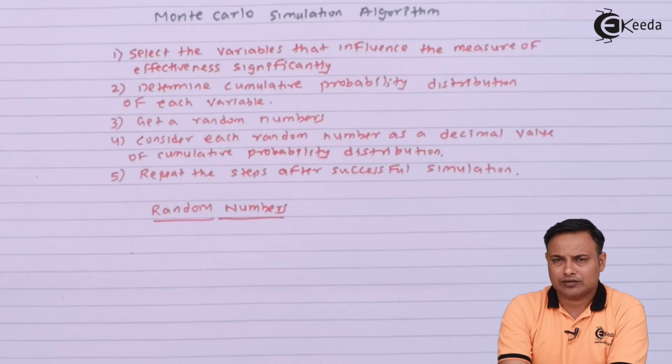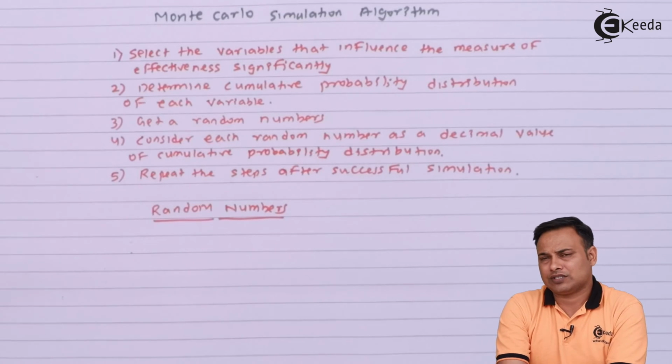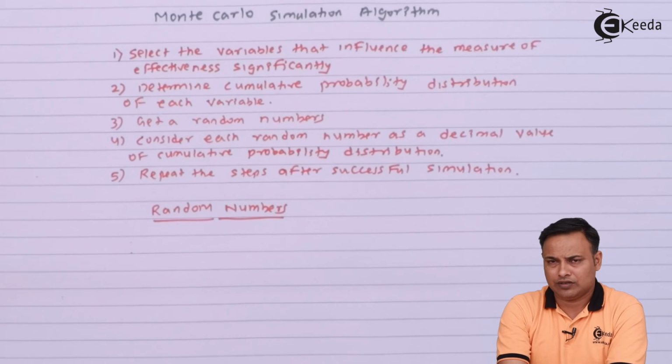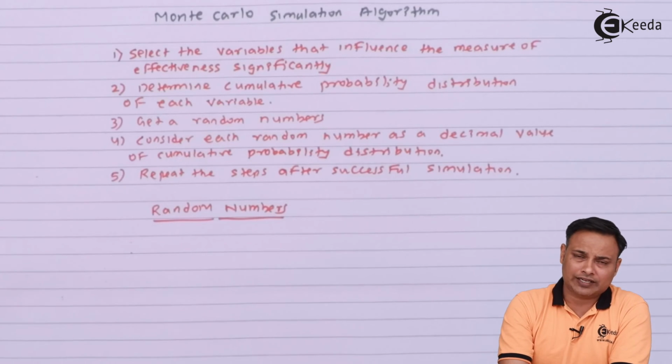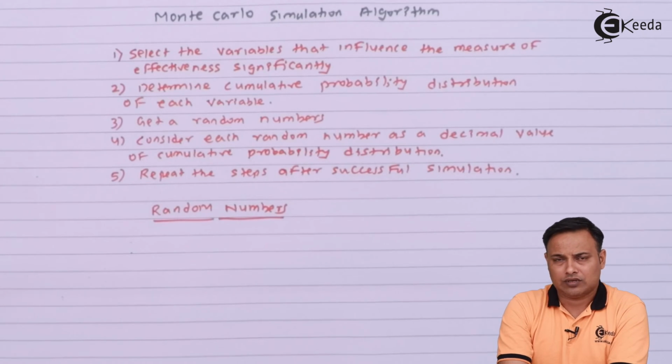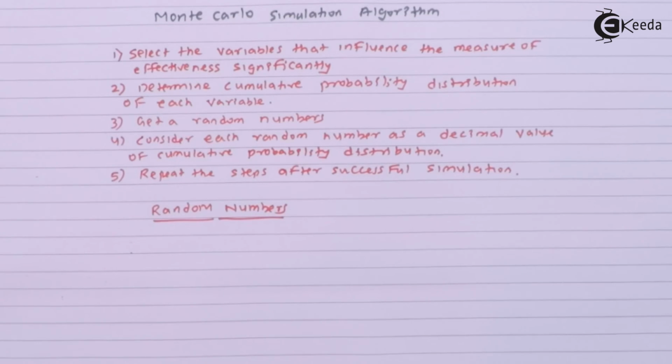For example, let us say I want to select 4 students out of a class of 50. I can simply put 50 numbers, 1 to 50, in the class and randomly select any 4 students. That can be called random numbers.